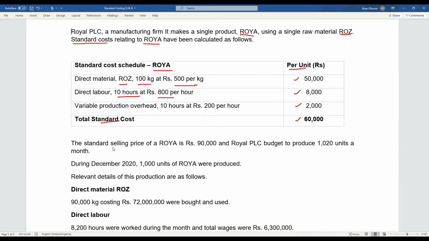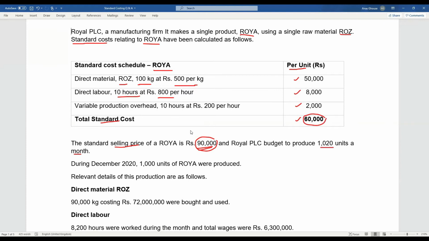The standard selling price of Roya is 90,000. And Roya PLC budgets to produce 1,020 units a month. As you can see, the selling price per unit is 90,000, whereas the standard cost of producing one unit is 60,000.